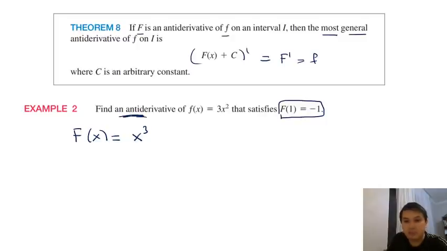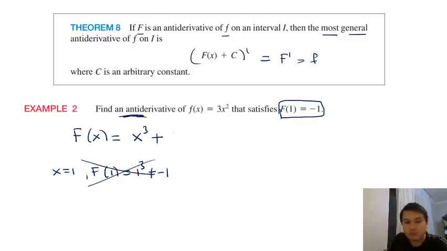However, when I plug in x equal to 1, what do I get? Capital F of 1 is 1 cubed. Well, it's not negative 1, right? So this capital F of x equal to x cubed is not the correct antiderivative I'm looking for, because it doesn't satisfy capital F of 1 equal to -1, right? So this is wrong.